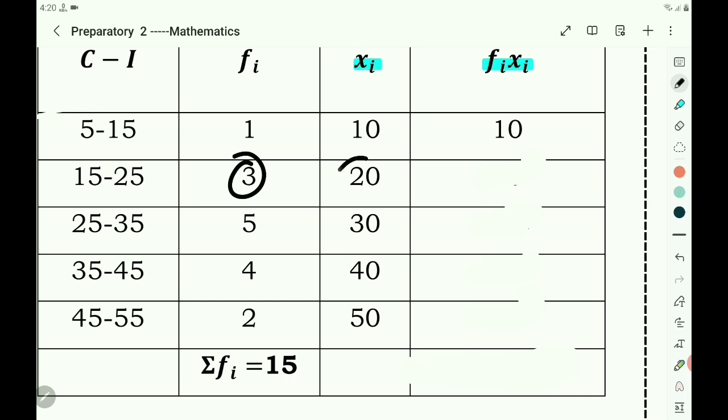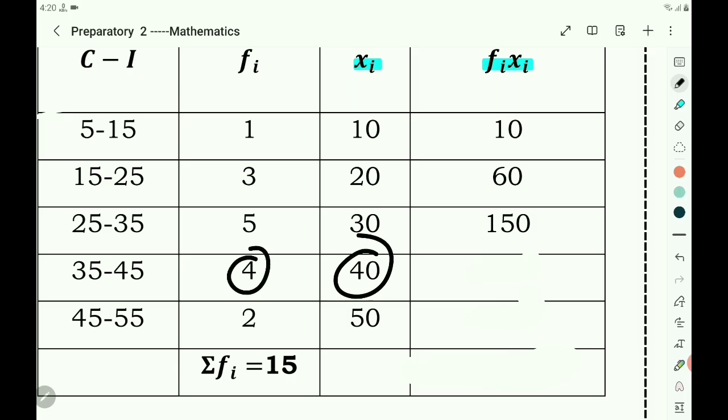Next 3 into 20 is 60. Next 5 into 30 is 150. Next 4 into 40 is 160. Next 2 into 50 is 100.